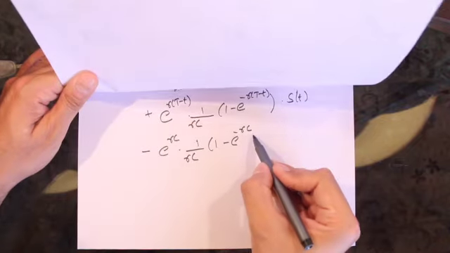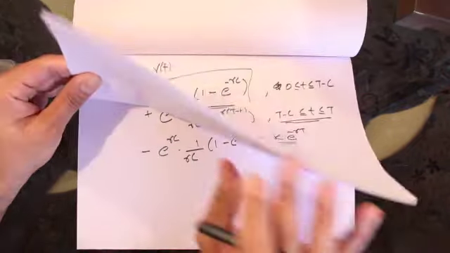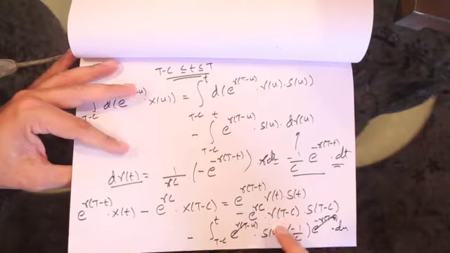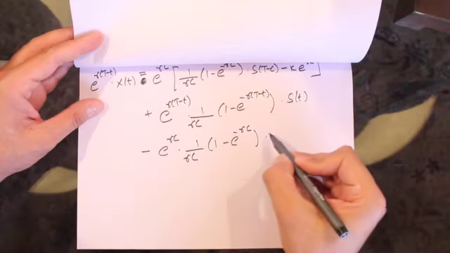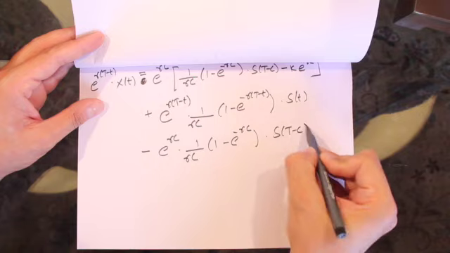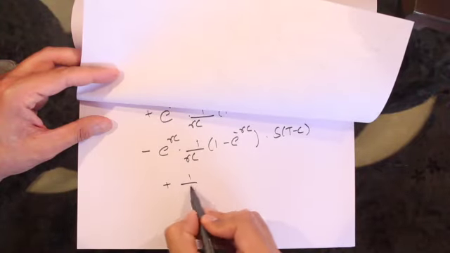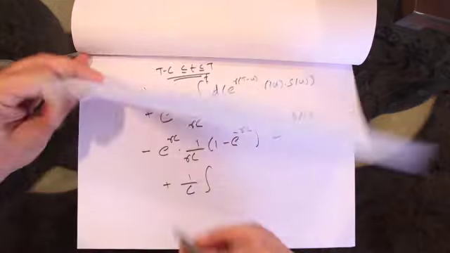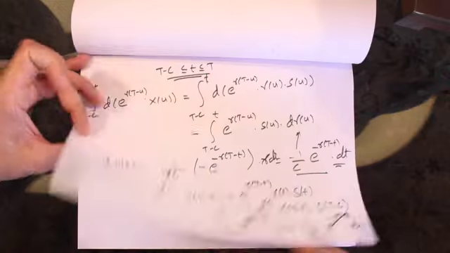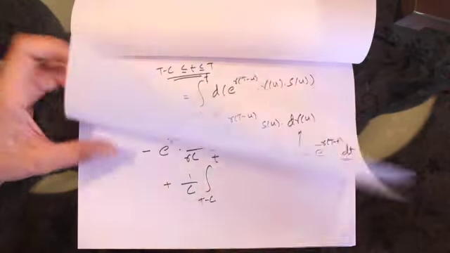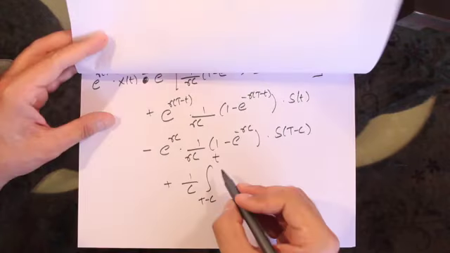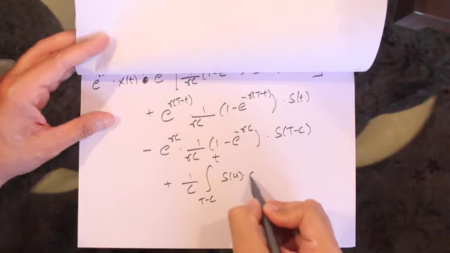That basically is going to be my gamma(t minus c). Then I'll have s(t minus c). That takes care of this term, and finally I have this term, which is minus minus, giving me plus 1 by c, the integral from t minus c to t of s(u) du.